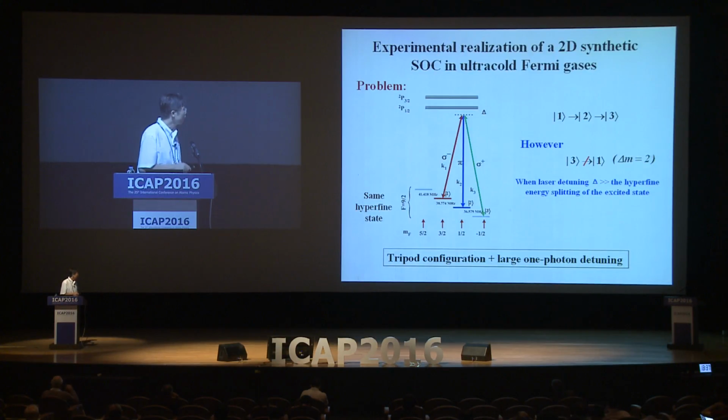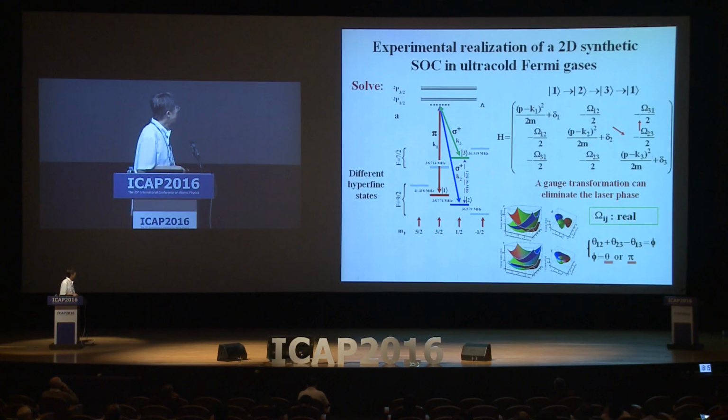In other words, only neighboring spin states can be coupled when the Raman laser detuning is larger than the hyperfine splitting of the excited state.